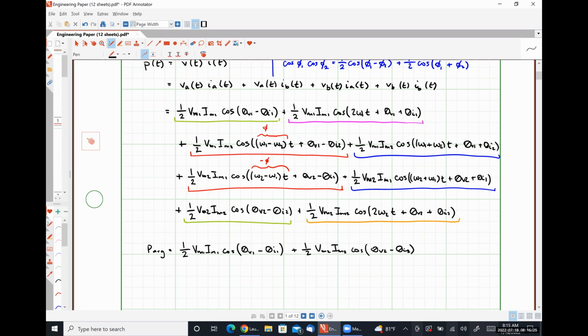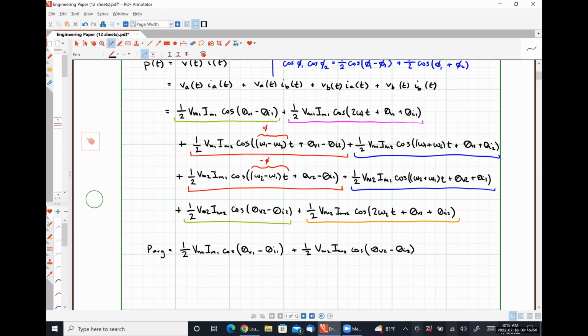All of the oscillating terms, everything where omega isn't equal to 0, will not contribute to the average power because exactly half of the time they are above the DC level and exactly half of the time they are below the DC level.